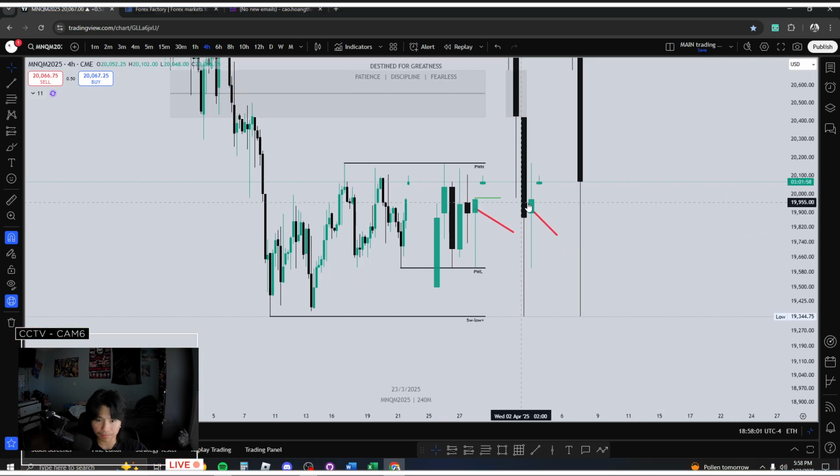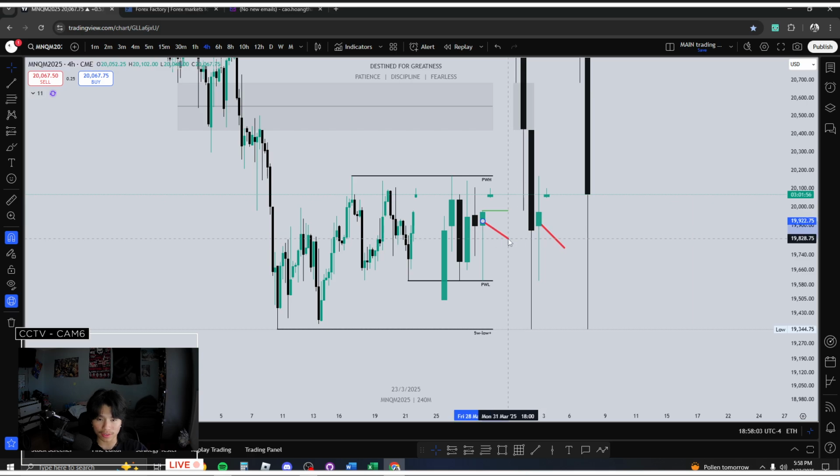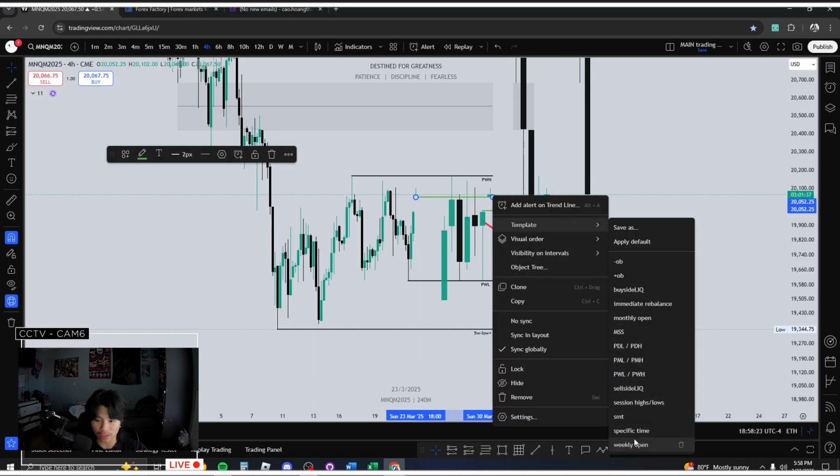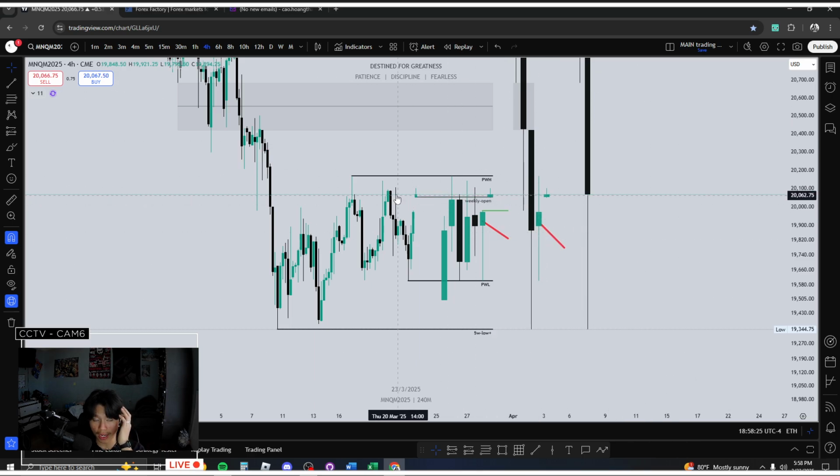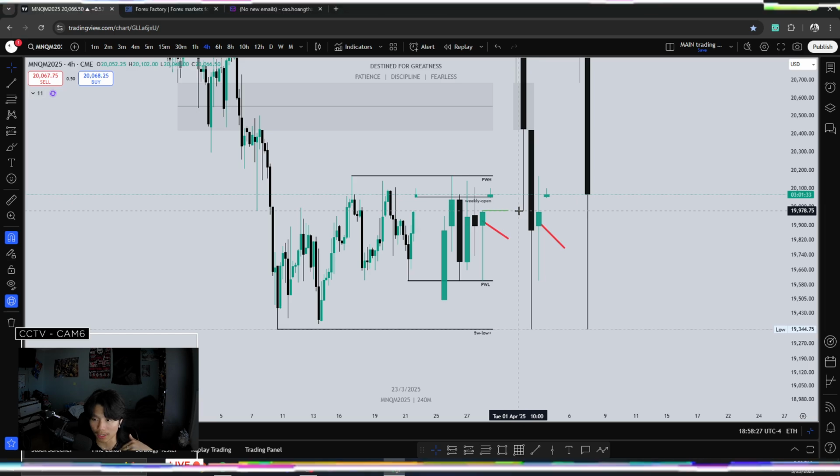With the way that we created this daily candle on Friday, I could anticipate that Friday's high is the draw of liquidity, and we're most likely going to take out the daily high. However, once we opened up this week, we actually ended up having a gap up, and we took out the high already.